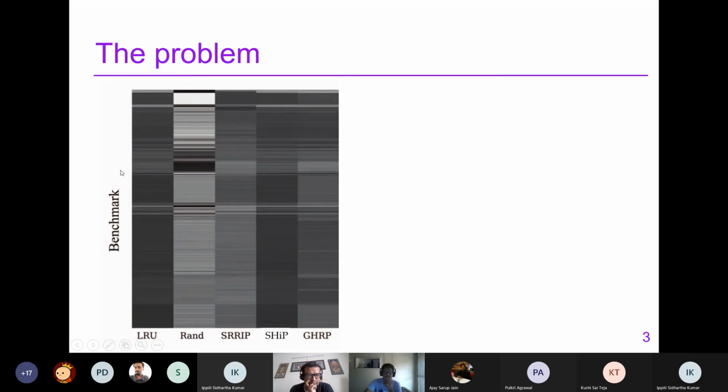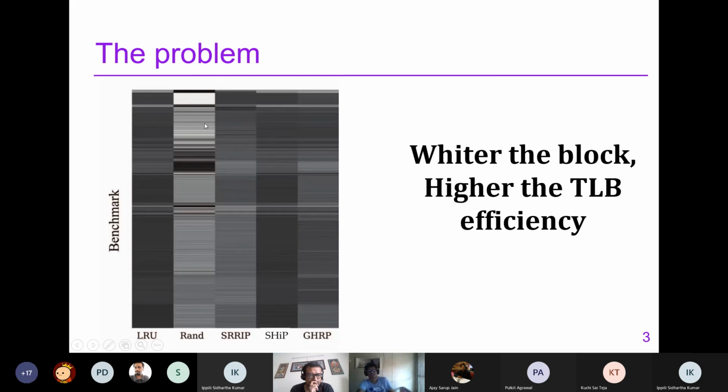This figure is based upon 870 benchmarks provided by the Qualcomm database in the Championship Value Prediction competition, I guess. Yeah, that is the name of the competition from which the benchmarks were procured. The TLB efficiency was mapped for different replacement policies used on the TLB.